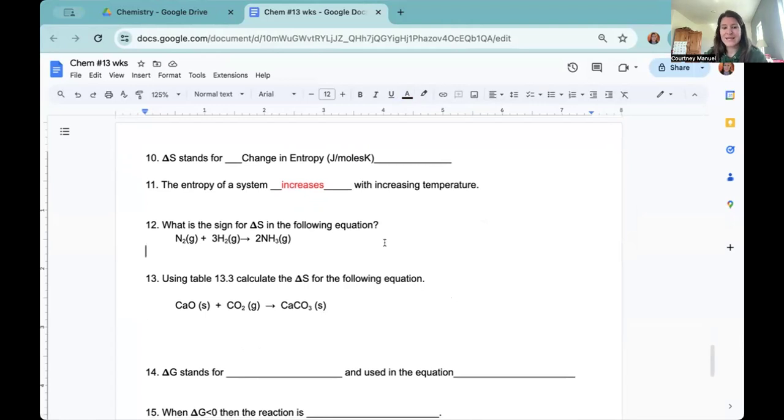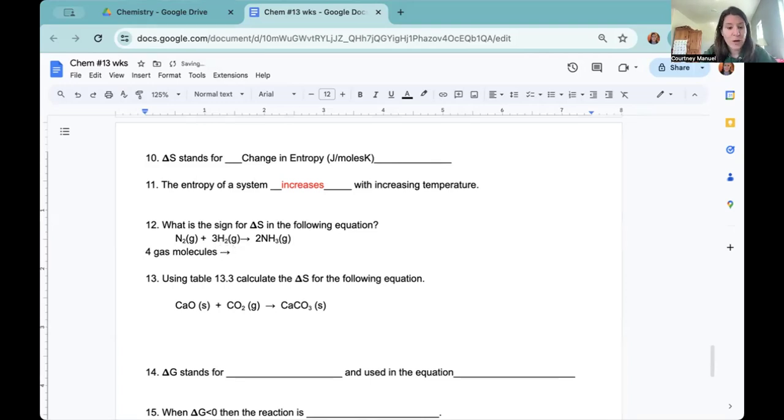All right, what is the sign for the delta S in the following equation? What we're going to use for this is the gas molecules on the reactant side and the gas molecules on the product side. There are 4 gas molecules on the reactant side: 1 nitrogen and 3 hydrogens for a total of 4.